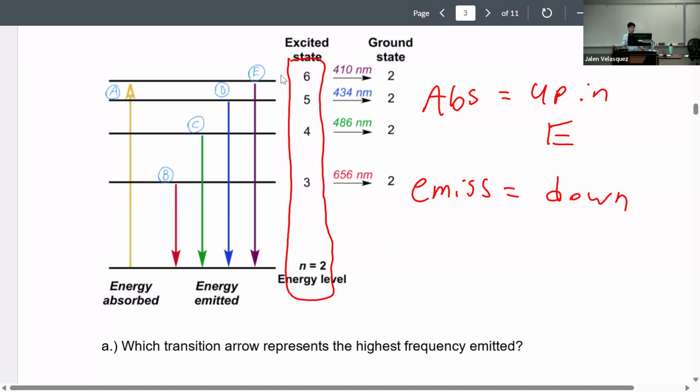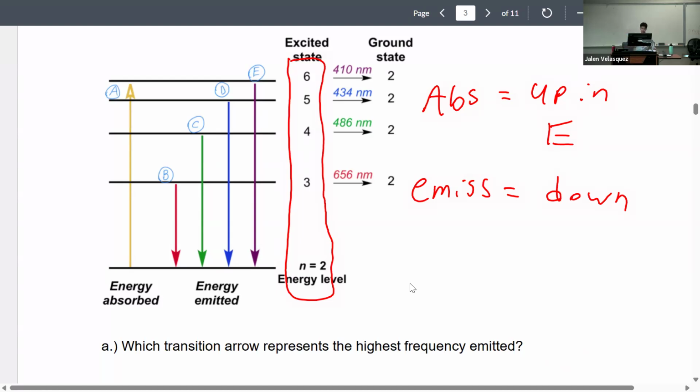Now, knowing that these are representing energy, what do we know is the relationship between energy and frequency? They're directly proportional, right? So the highest energy, the longest arrow being emitted, is going to be the highest frequency. So the highest frequency emitted is going to be E.